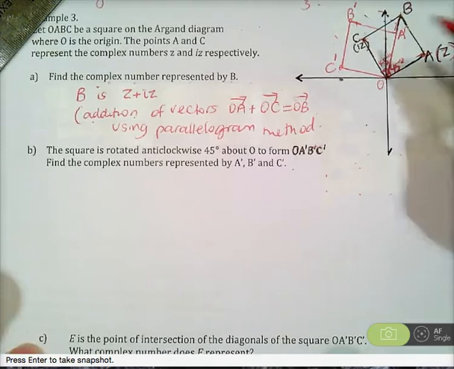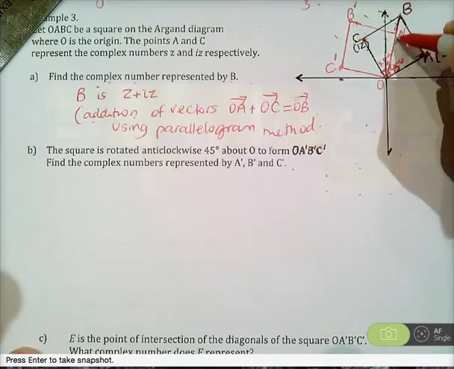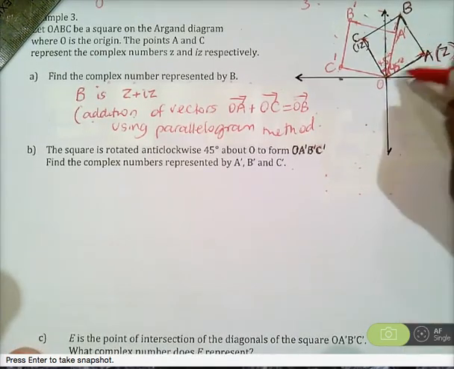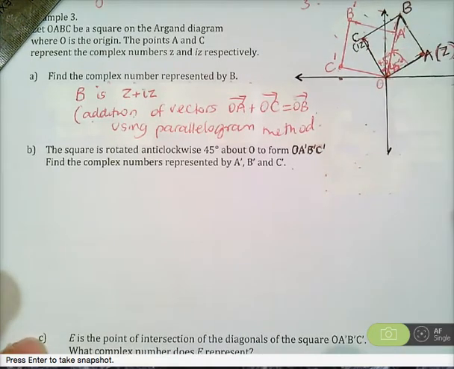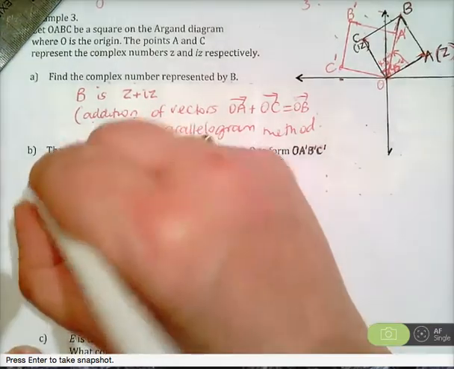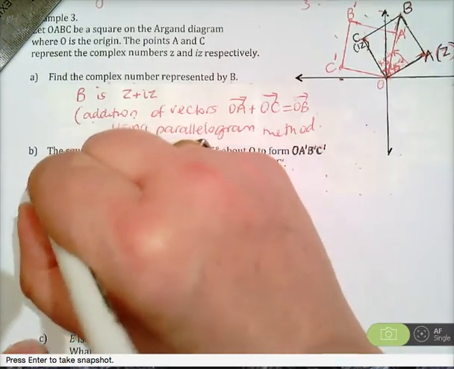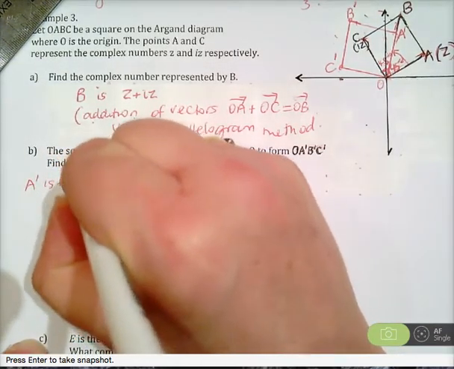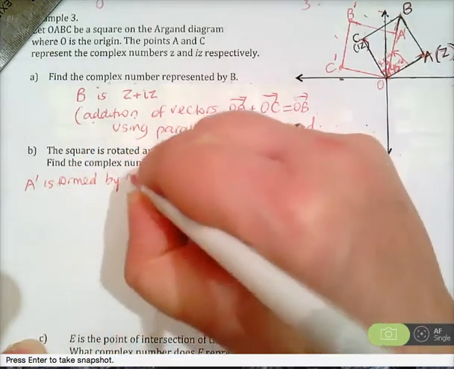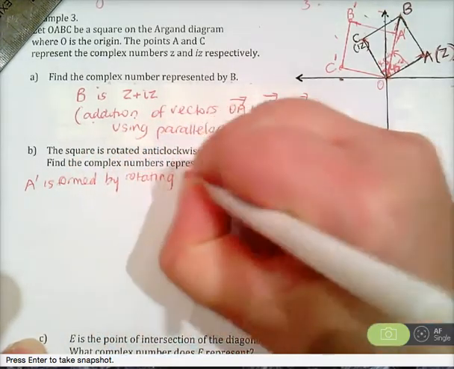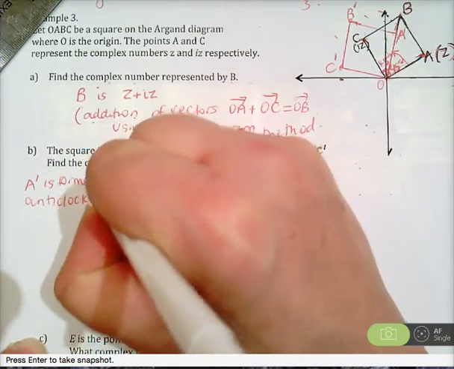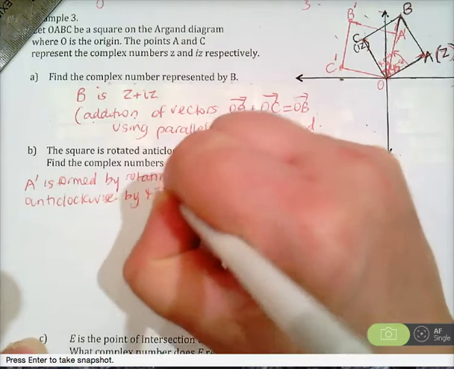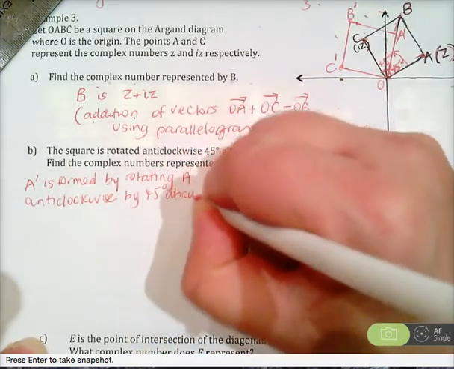Now we know that the length of OA equals the length of OA'. So to go from OA to OA', we're just rotating anti-clockwise by 45 degrees. So A' is formed by rotating A anti-clockwise by 45 degrees about O, about the origin.